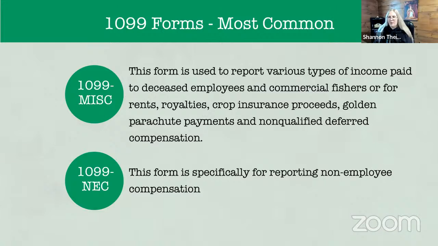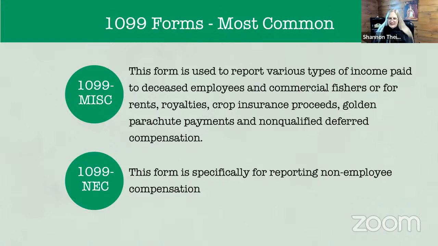I have a whole playlist on my channel that talks about handling deceased employee wages. And rent paid to a landlord who is not a property management company, crop insurance proceeds, golden parachute payments, and non-qualified deferred compensation. I cover those instructions a lot more on my 1099 playlist.